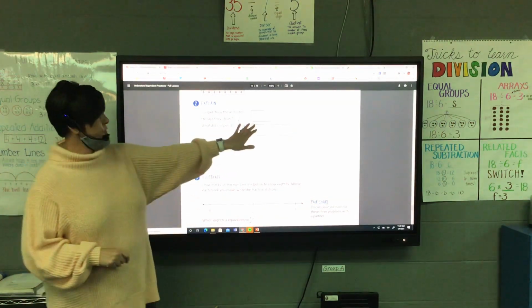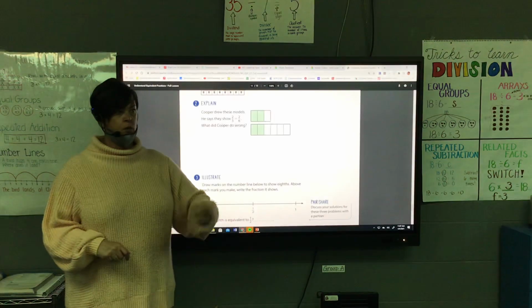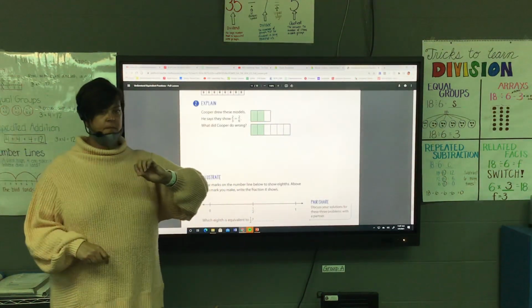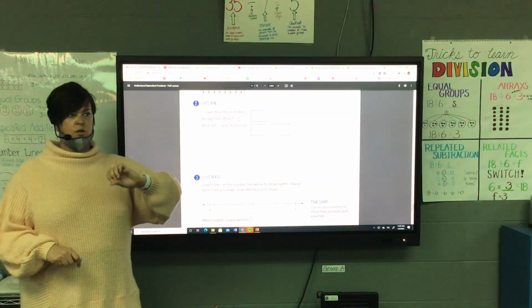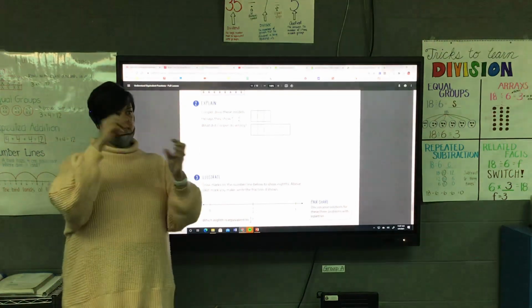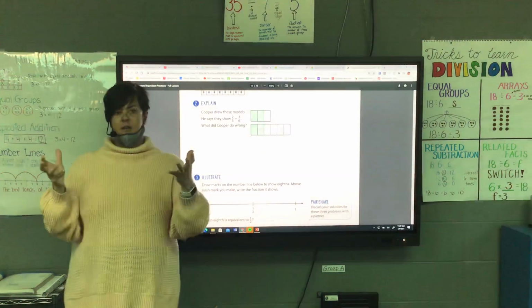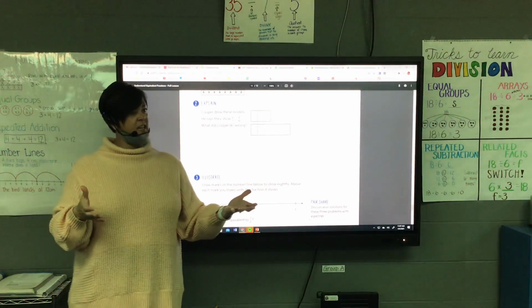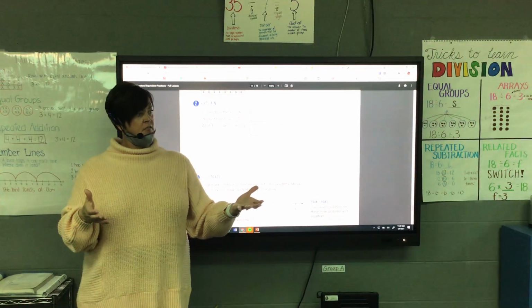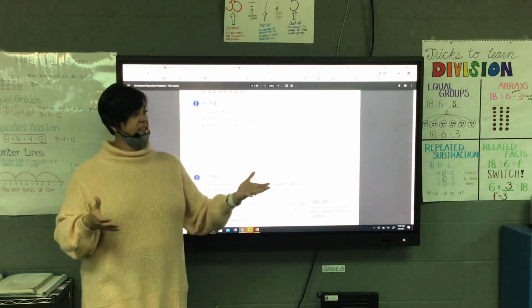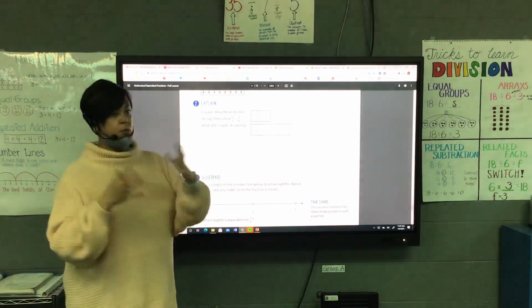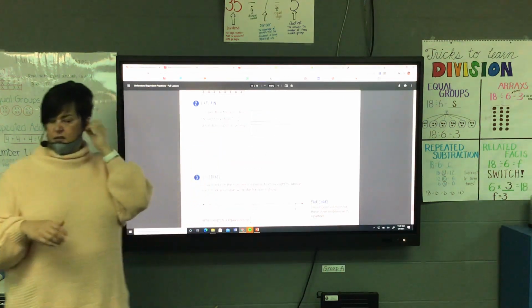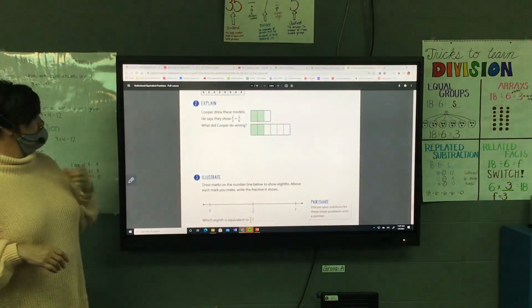Did he also do 3 here? No. What did he do here? 6. So does he have them split into the same amount of parts? No. Is that his mistake? Yes. Yeah, they are not equal parts, are they? So jot that down.